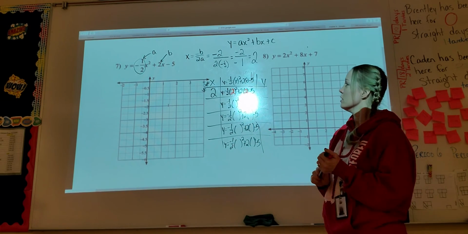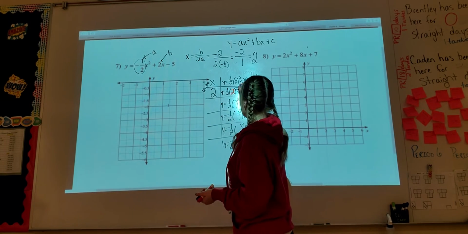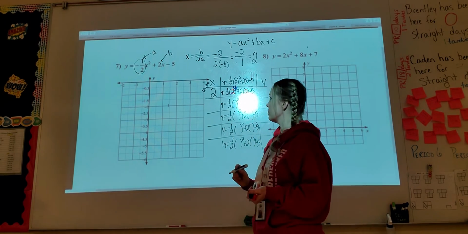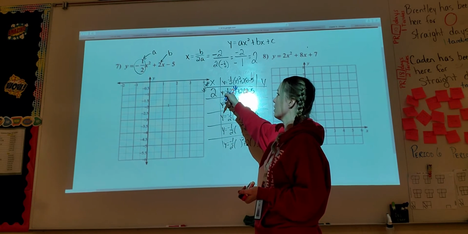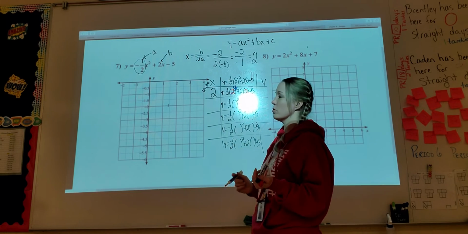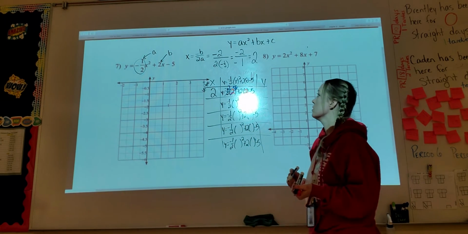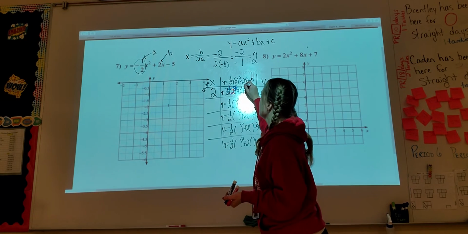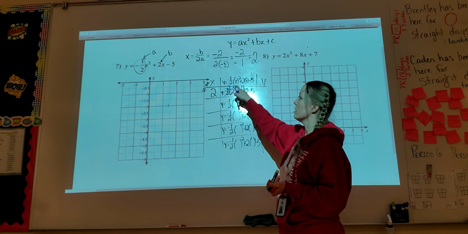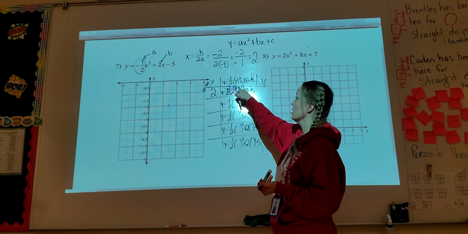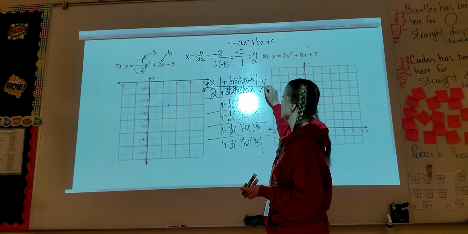So I've got 2 squared, you do the exponent first. 2 squared is 4. A negative times a positive is going to give you a negative, and then 1/2 of 4 is 2. So it's going to be a -2 right there. 2 times 2 is 4. That's +4. So I've got -2 plus 4. -2 plus 4 is 2. 2 minus 5 is -3.